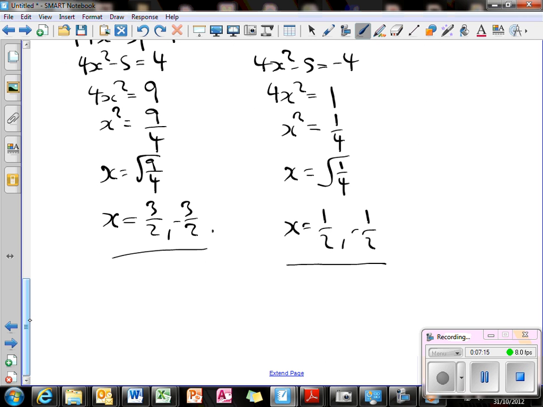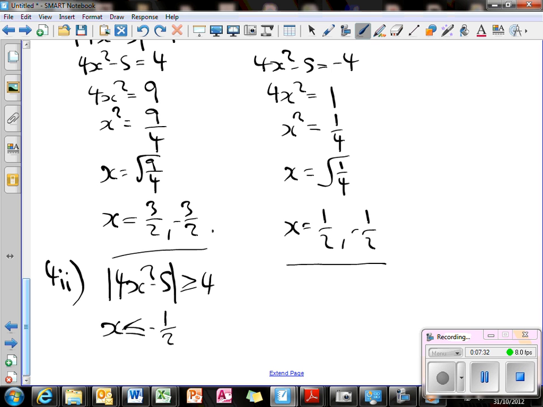So this is 4 part 2. When is 4x squared minus 5 greater than or equal to 4? It's when x is less than or equal to minus a half, when x is greater than or equal to a half. I've said this wrong.